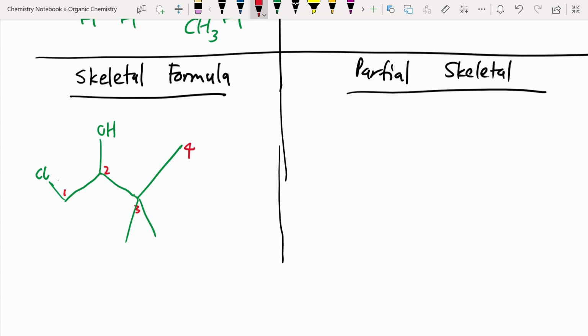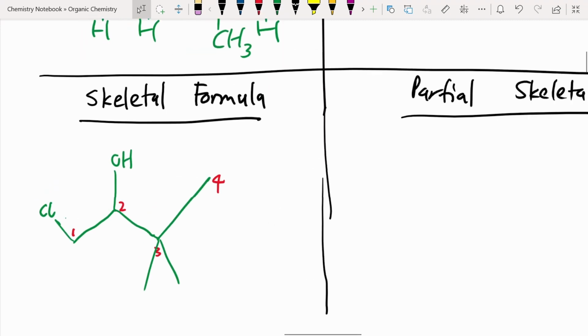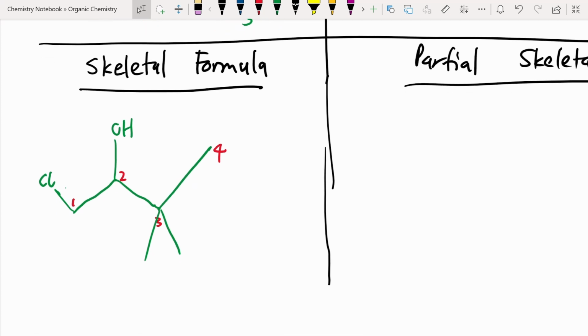So just know that when drawing skeletal formula, if a carbon atom is surrounded by 3 bonds, except for the imaginary H, for example this second carbon is bonded to the first carbon, the third carbon, and the OH, then you show a trigonal planar.